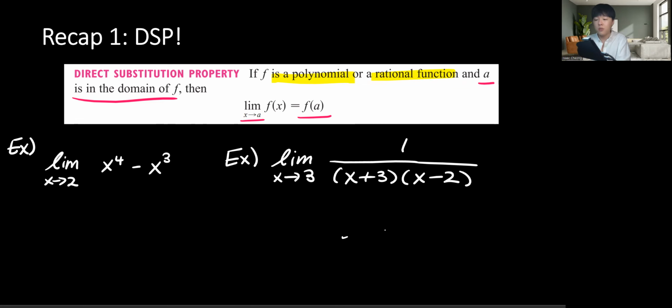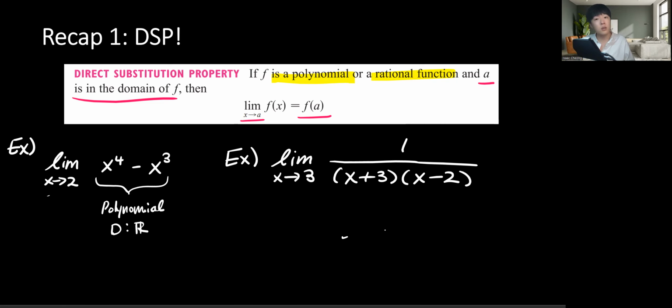So for example, let's look at our first example right here. x is approaching 2, and the function is x to the fourth power minus x to the third power, and this is a polynomial, right? Therefore, the domain is all real numbers, which means that every number falls into this domain, so 2 is in the domain, which means that we can use the direct substitution property.